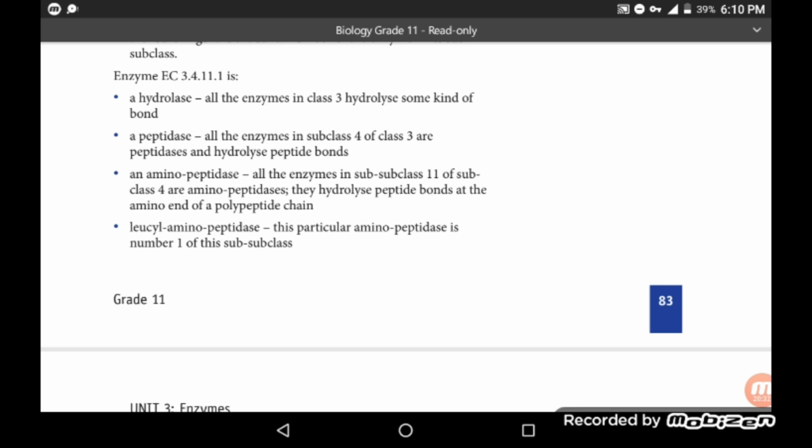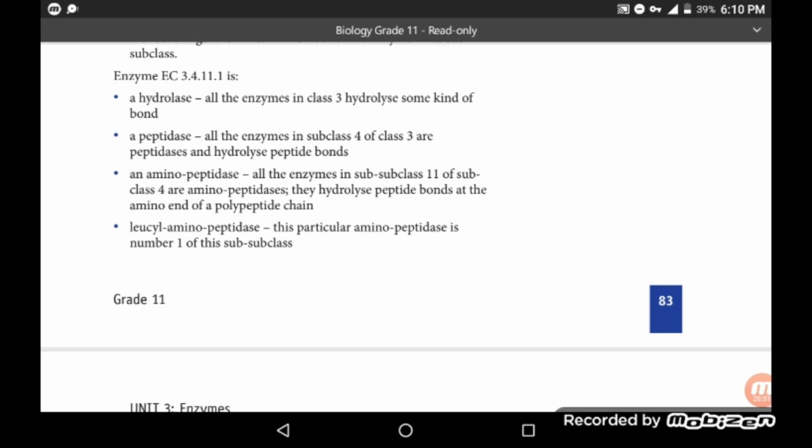And number 11 is aminopeptidase. All the enzymes in subclass 11 of subclass 4 are aminopeptidases. They hydrolyze peptide bonds at the amino end of the polypeptide chain.